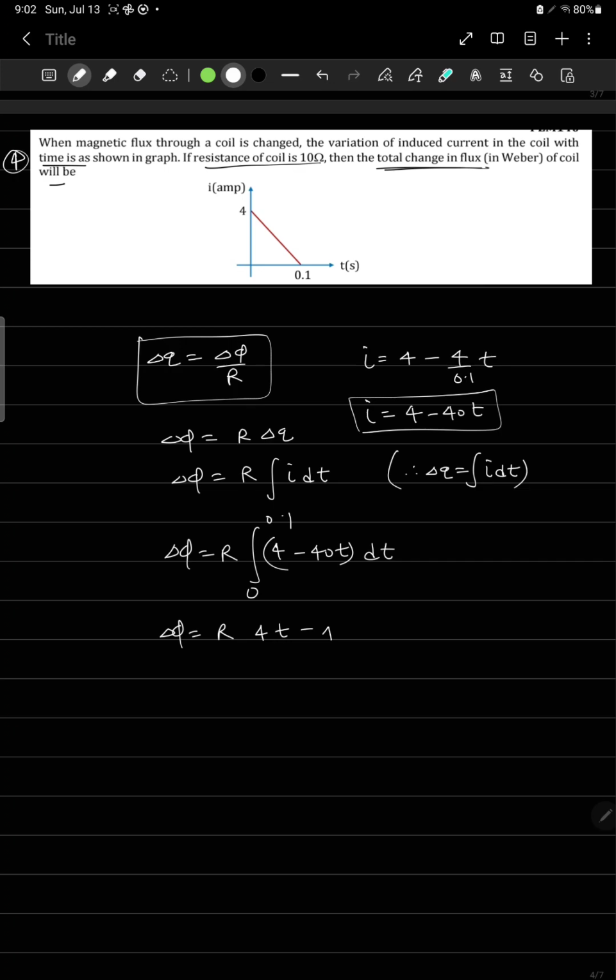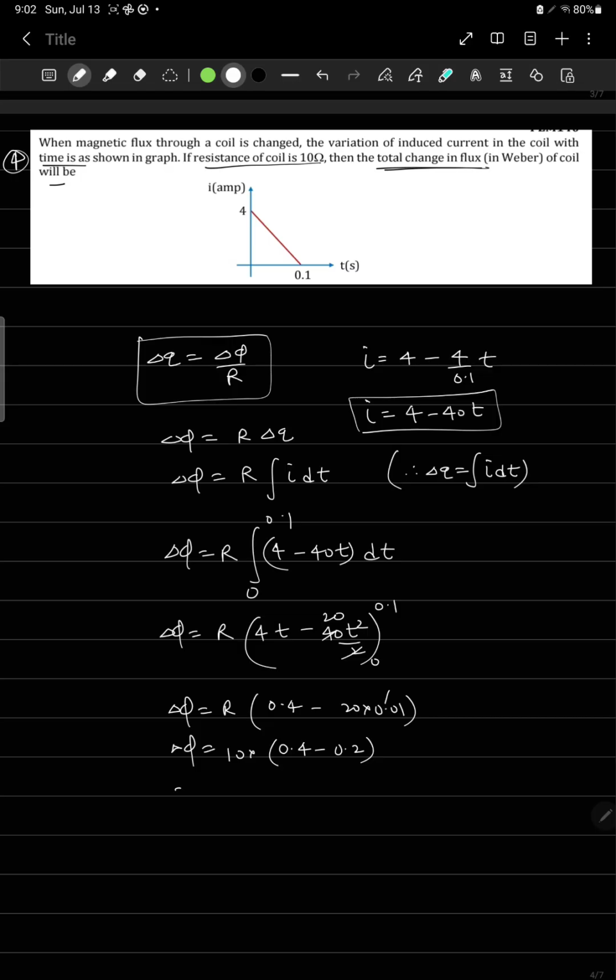4t minus 40t square by 2, from 0 to 0.1. So it becomes 4 into 0.1 minus 20 into 0.01. So delta phi, R is given, 10 into (0.4 minus 0.2).